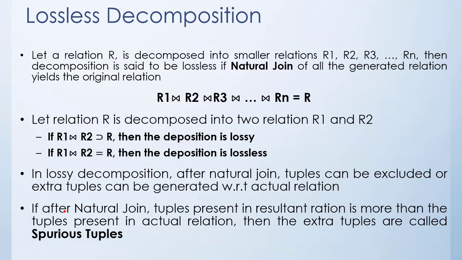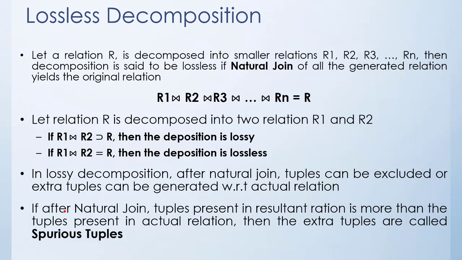Let a relation be decomposed into two relations R1 and R2. So it is basically a binary decomposition. So if R1 natural join R2 is a subset of R, then the decomposition is lossy. And if R1 natural join R2 is equal to R, then the decomposition is lossless.